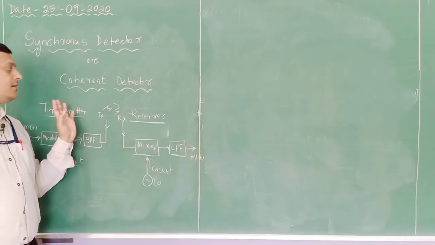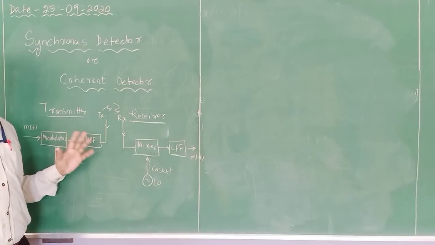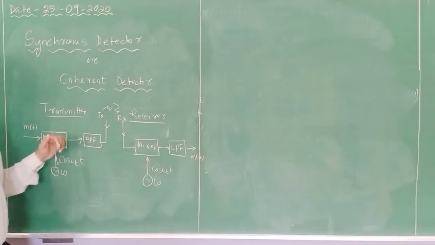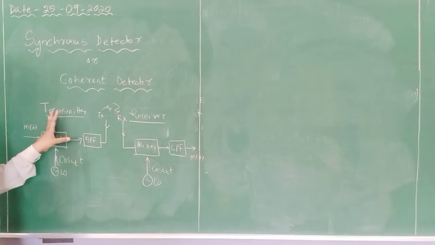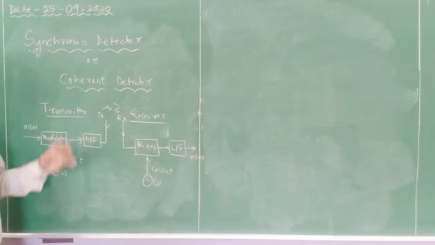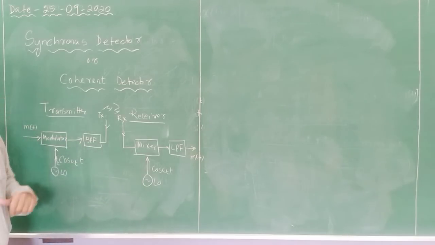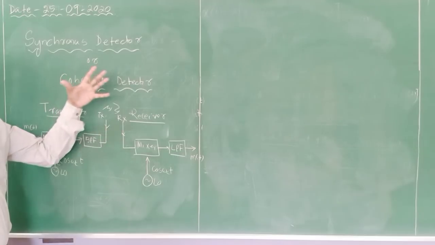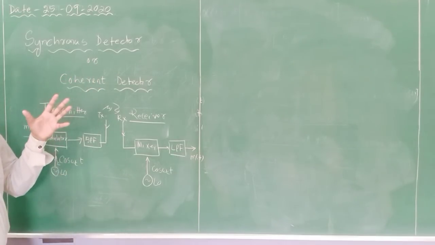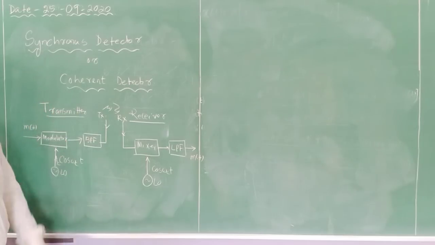It is not possible to synchronize the same carrier frequency that we transmit. Suppose a TV broadcasting unit is using one carrier frequency to transmit all the message components, but there are n number of receivers, n number of users, and those users' carrier frequencies won't synchronize.